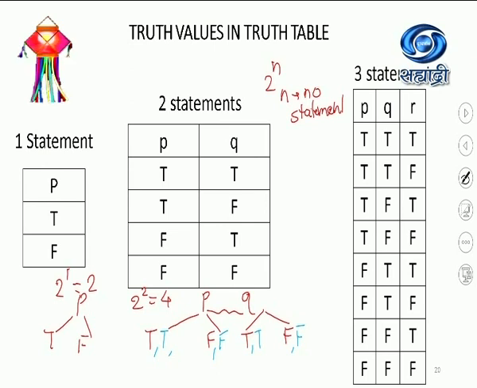And now I will have the combination of this. First combination will be TT, and for Q, the next combination will be FF. This is very easy to remember.